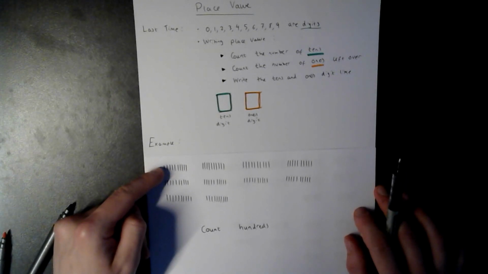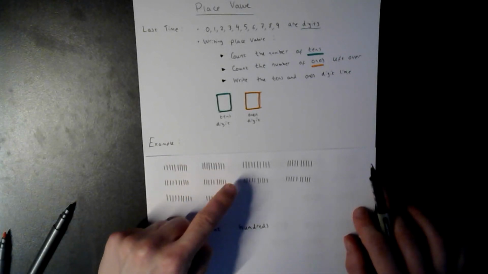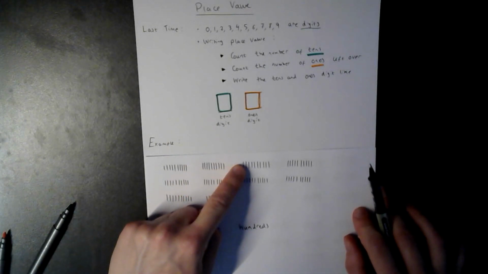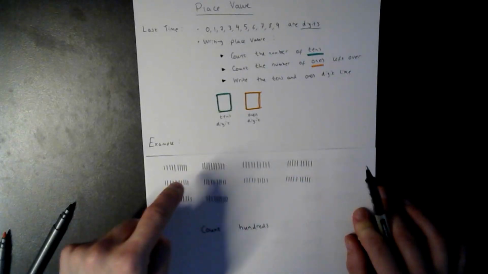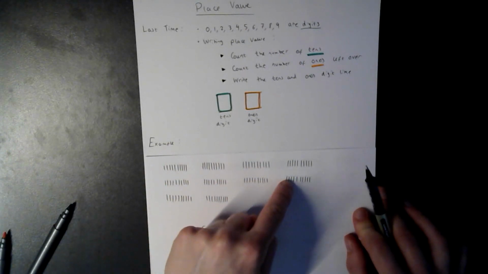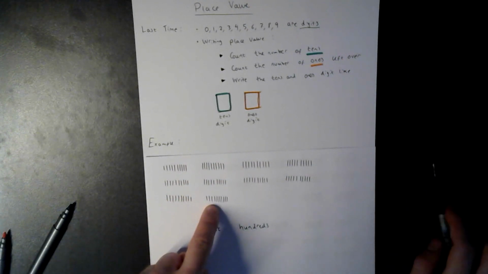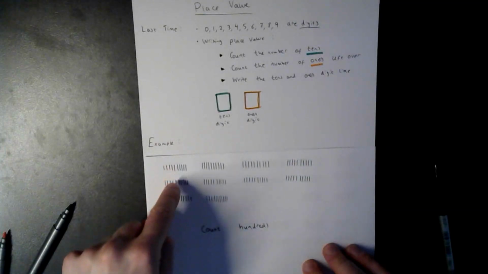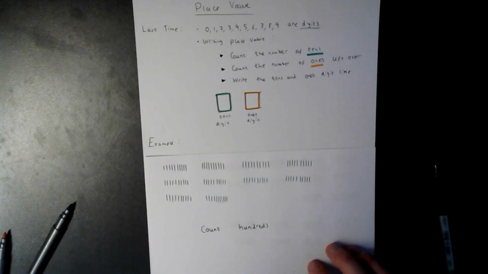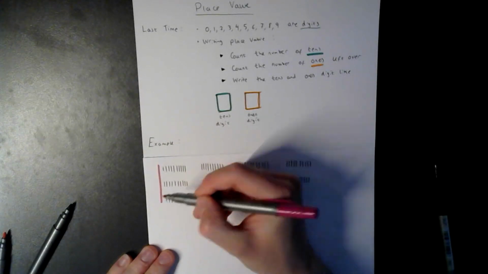we'd start with 10, and then the next 10 is 20, and then 30, 40, 50, 60, 70, 80, 90, 100. So we have 100 here. And I'll signify that.